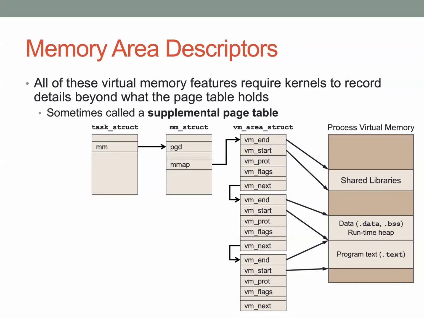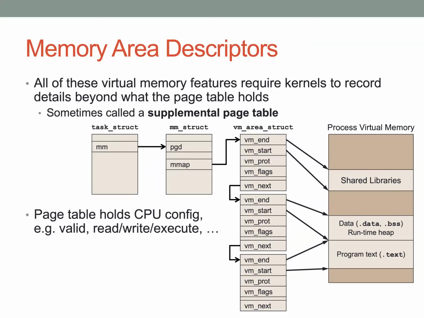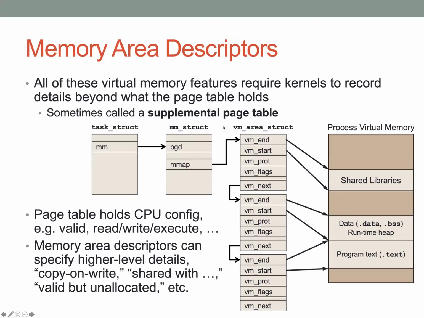What I have on the slide right here is what Linux does. We have PGD, and I'm just going to throw these things up here. PGD is the page directory. So that's the top level of the 2-level page table hierarchy on IA32. Remember, it's a 4-level hierarchy on x86-64. Fortunately, we aren't living in that universe right now.